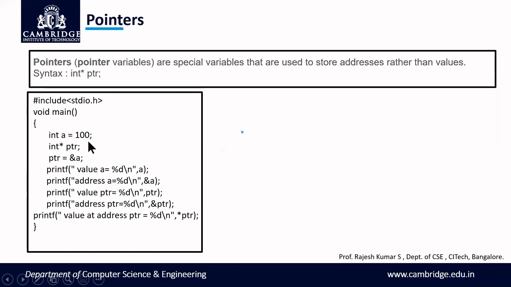As soon as you see int a equals 100, the variable a gets the value 100, and this variable will have its own address. Each and every variable has its own address. I'm taking the address of this variable as 1002. So the value of a is 100 and the address is 1002. This is how the data will be stored in memory.